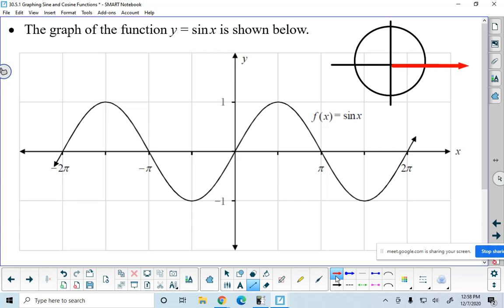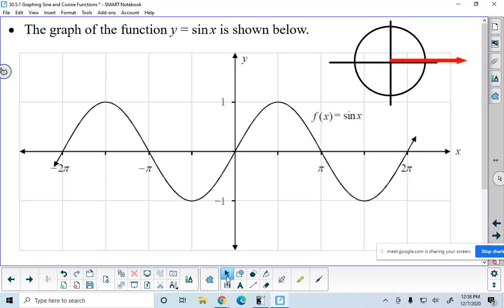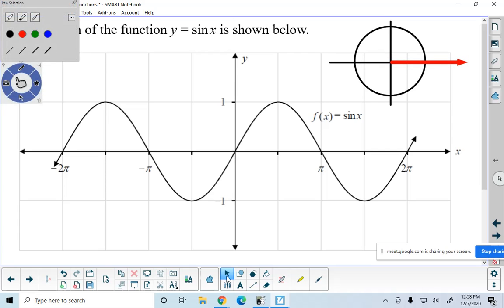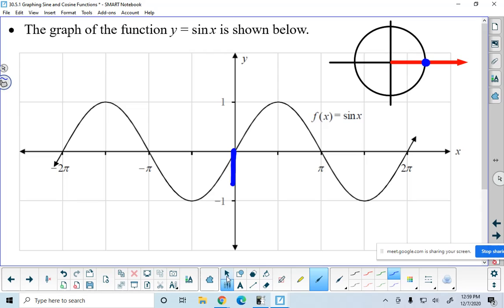And that terminal arm right now is showing a rotation angle of 0 radians. And if you look at the point where that intersects the unit circle, that point has a y coordinate of 0. In other words, when an angle is 0 degrees or 0 radians, the sine is 0. What that means is there's a point here.